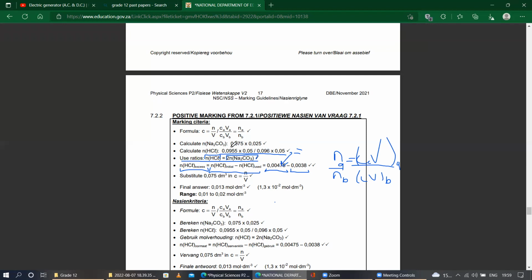Then you take this and also multiply it. You're going to get 0.075 times 0.025, 1.875 times 10 to the power -3, which is basically 0.